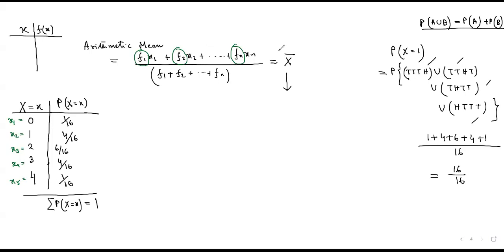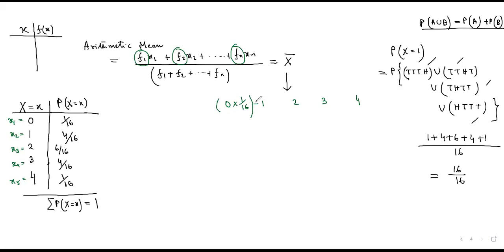And so if I do so, you see that I'm going to take all the values 0, 1, 2, 3, and 4. But here I'm going to multiply these values by their probabilities. So in place of frequencies, I'm considering their respective probabilities.